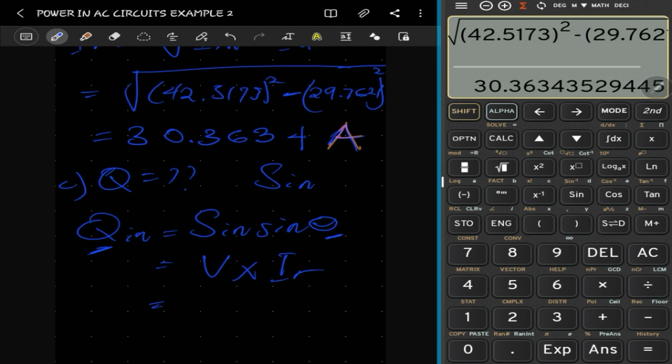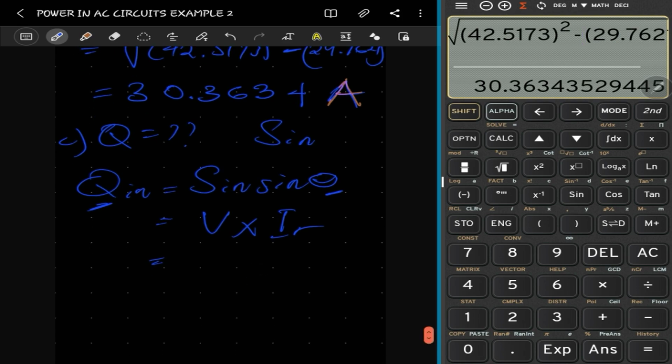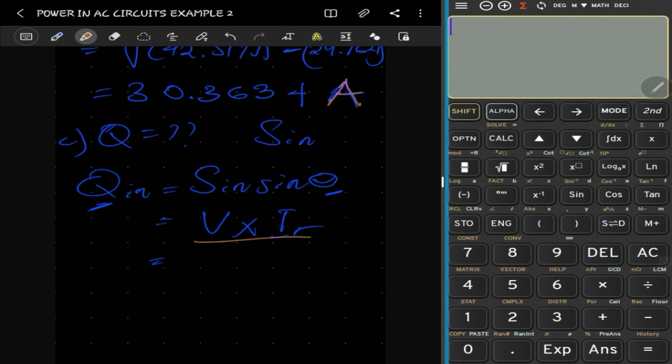Right. So which one should we do first? Let's do this one first. We know that the voltage is 400, right?